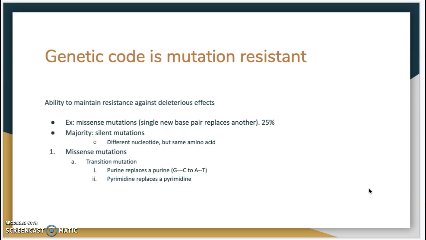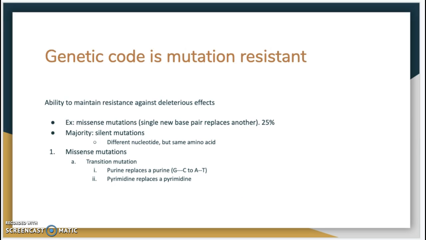With silent mutations, you can change a nucleotide or two nucleotides and still end up with the same amino acid despite these mutations, because you have several codons that correspond to the same amino acid. Some amino acids only have one type of codon, however, there are many with multiple. So this can help with mutation resistance.